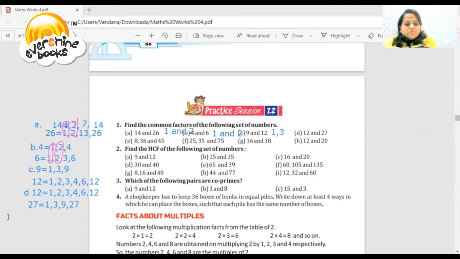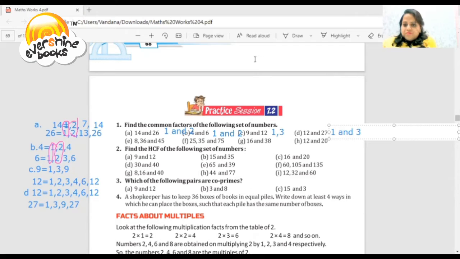Okay, so common factors are 1 and 3. Both are the common factors of 12 and 27. So write 1 and 3. Okay, students, got it? It's very easy now. So just take out your notebook and practice these sums, and you have to do the sums E, F, G, and H by yourself.